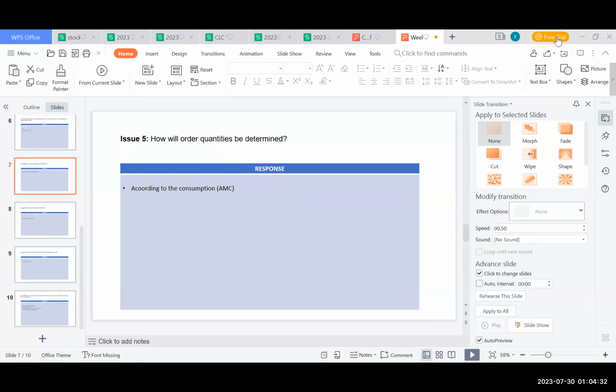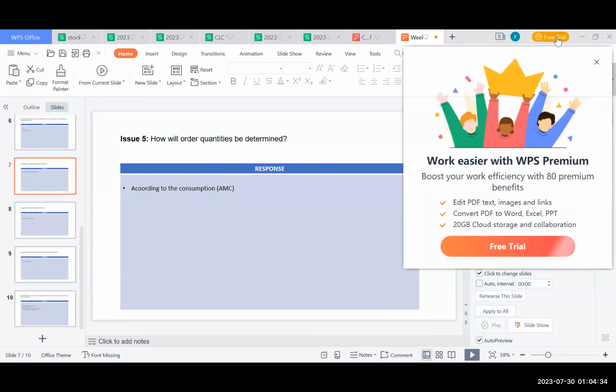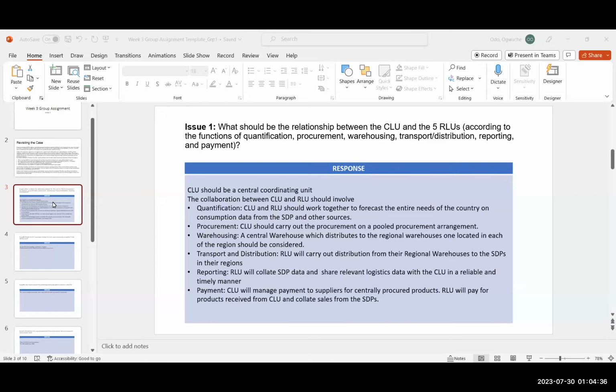Okay, so I'll just give an overview of what we discussed in group 1. Hope my screen is visible. Yes. Thank you. So in group 1, we said the CLU should be a central coordinating unit, coordinating the activities of the 5 regional logistics units. And the collaboration between the CLU and the regional logistics unit should involve the following.